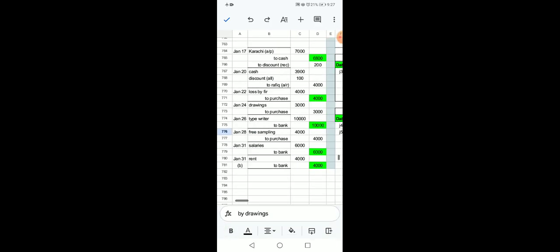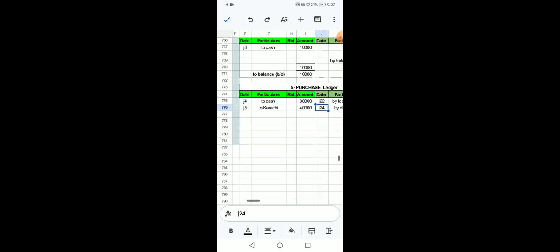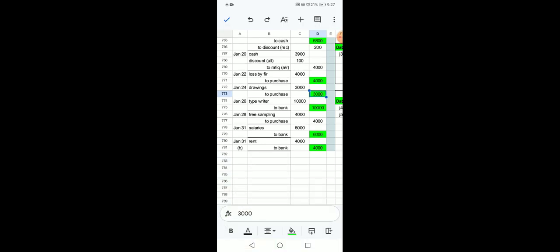See the 3,000 date, it's January 24. So you are going to write the date January 24 over here. The first entry's date was January 22, so put January like this. Okay, date is completed. January 24, 3,000 we have posted, mark it as done.